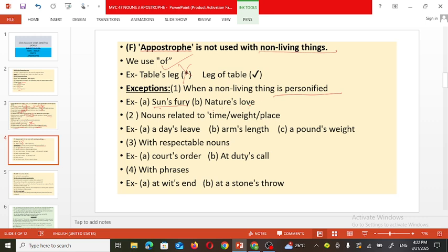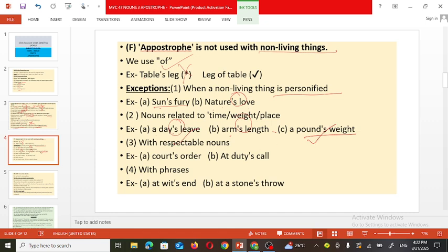So these words are personified, and that's why we can use the apostrophe sign with such nouns. Then nouns related to time, weight and place. At that time we can use the apostrophe sign. For example, a day's leave or arm's length, where for place or distance we are using this, or pound's weight for weight. So in such cases we can use this apostrophe sign.